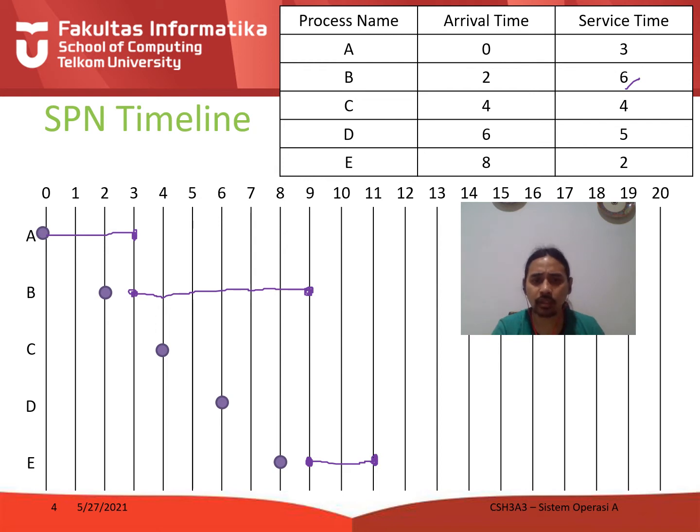After E is done, there is C and there is D. Because C is shorter than D, C will go after E. C will go for 4 seconds until 15, and then lastly D will go after C for 5 seconds, which means from 15 to 20. So that is the end, and now we can calculate the performance of SPN.